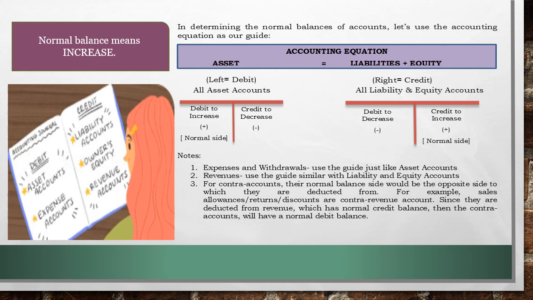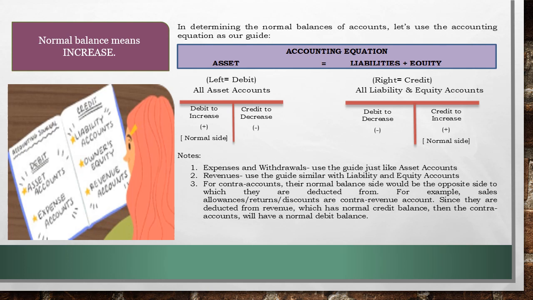After presenting the different elements of accounting together with the accounting equation, this is a very important part of this slide, because we will use the accounting equation as the guide in determining the so-called normal balance of the accounts.